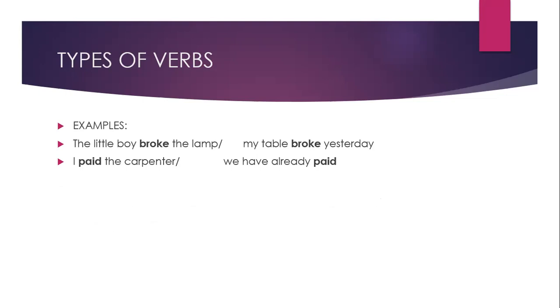Because the verb broke can be transitive in some environments and intransitive in others, it is an example of an ambitransitive verb. Not all verbs are like that. There are some verbs that can only be used transitively, and some that can be used only intransitively. And then there are verbs that can be both.